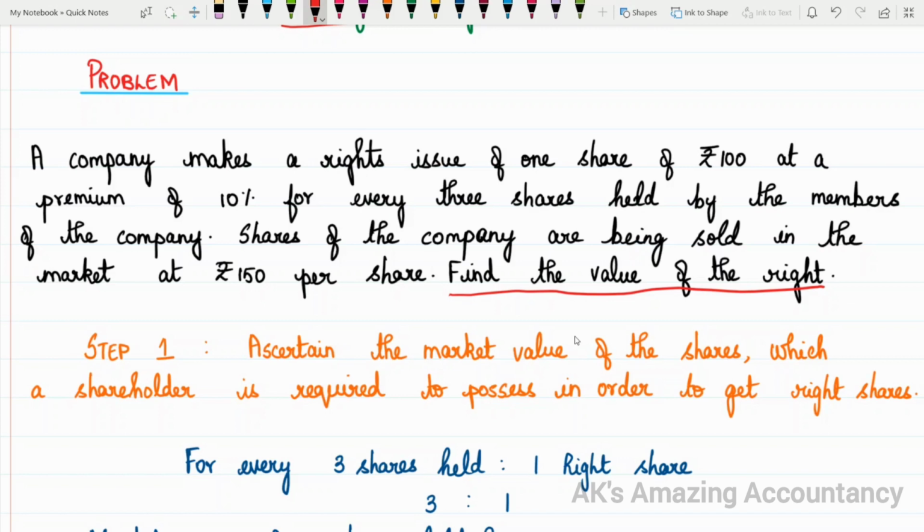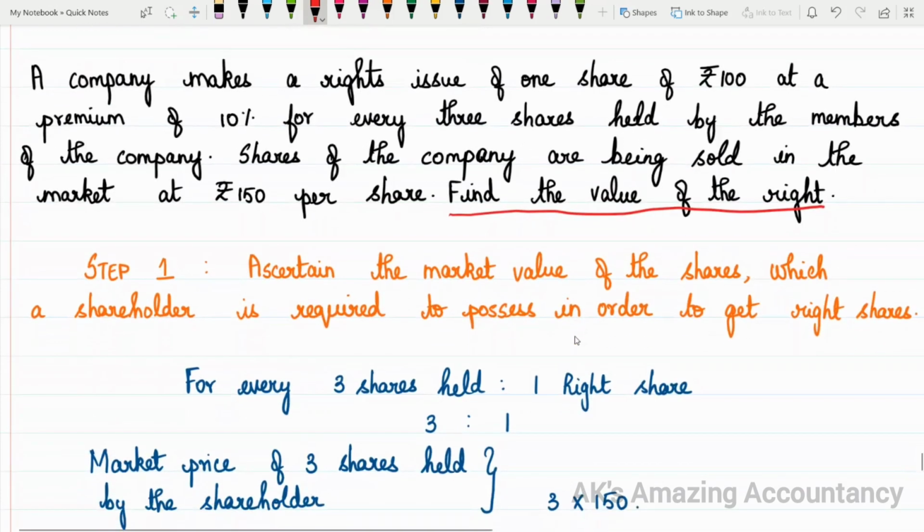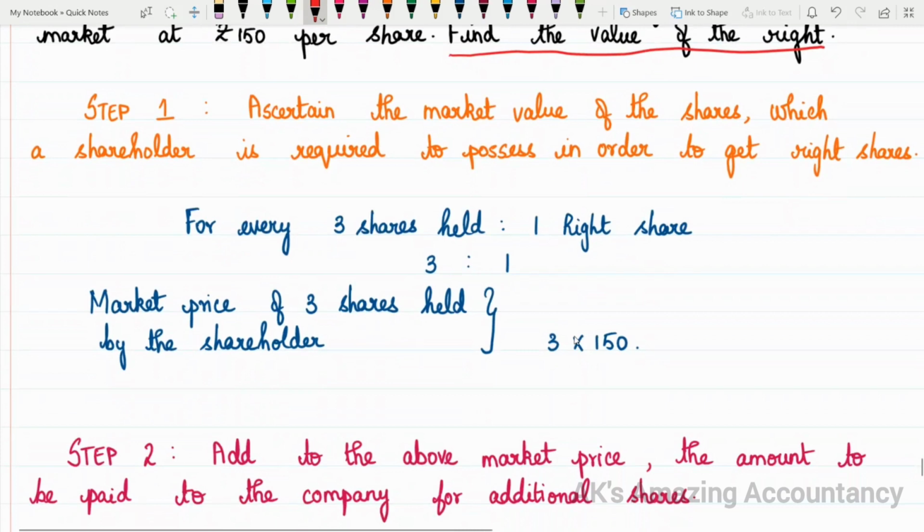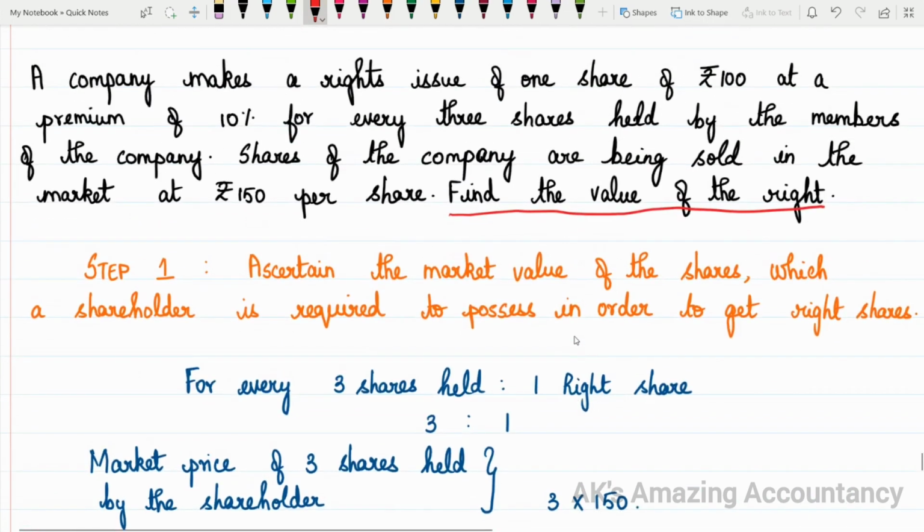First step, I told you four steps are involved, isn't it? First step is ascertain the market value of the shares which a shareholder is required to possess in order to get right shares. What is given: for every three shares held, one right share will be given. So the ratio here is 3 is to 1. So the market price of three shares held by the shareholder will be, what is the market price given as per the problem?